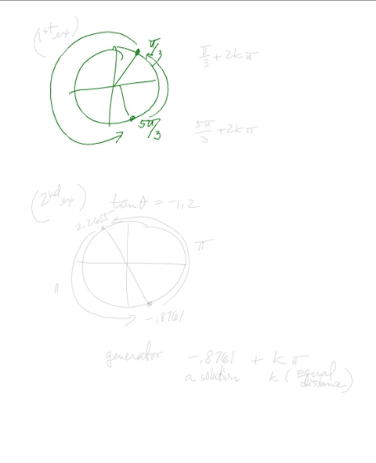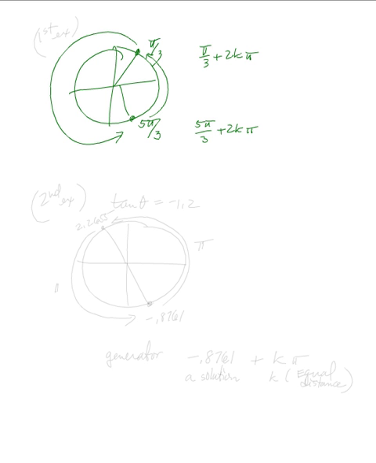Those distances are clearly not the same. So I can't use one generator to capture all solutions that both those angles would generate. So in that case I have to handle pi over 3 separately, right? And I have to say pi over 3 plus 2k pi, and here 5 pi over 3 plus 2k pi. So in essence I have two separate generators because the solutions are not equidistant.